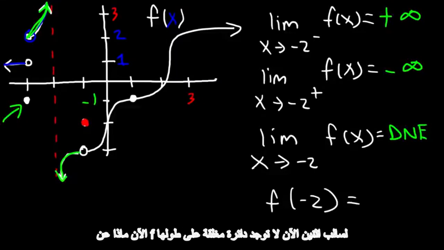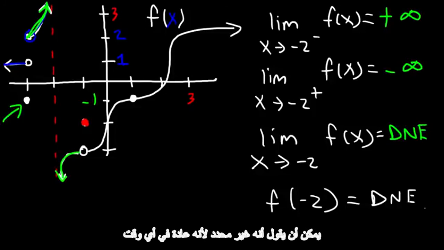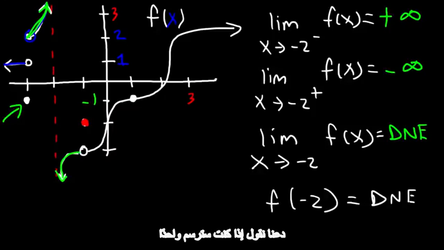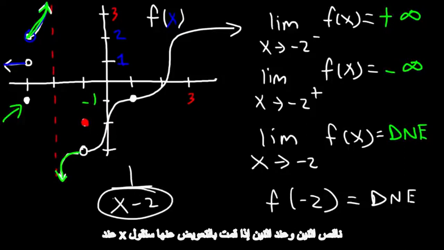Now, what about f of -2? Now, there's no closed circle along that vertical line, so therefore, this value does not exist either. You could say it's undefined, because typically, let's say if you were to graph 1 over x minus 2, you're going to see a vertical asymptote at x equals 2.